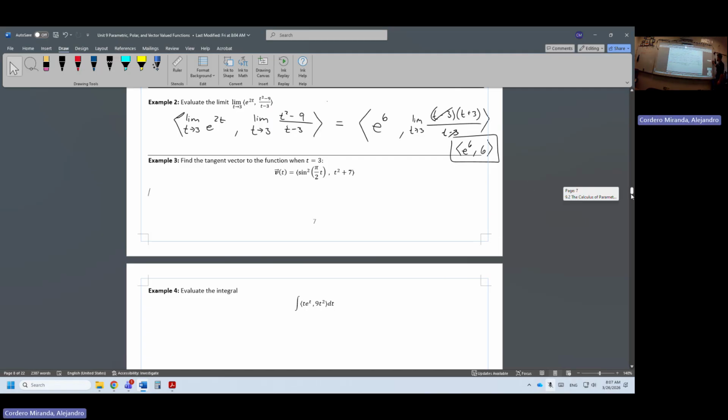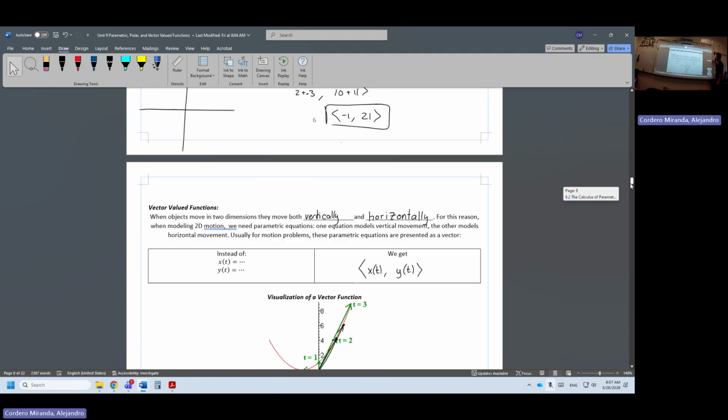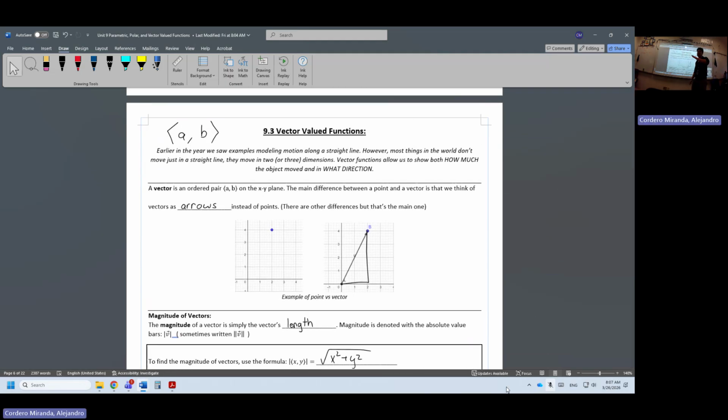So remember last time you guys were here, we talked about vectors just in a very basic, superficial way. Like that they're arrows instead of points, and you can add them and you can find their lengths and all that stuff.